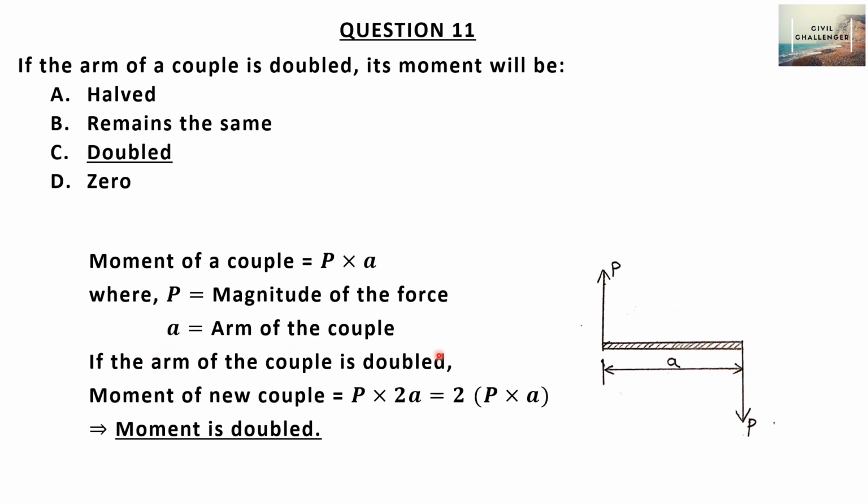When the arm of the couple is doubled, the moment of the new couple will be equal to P into 2A, which is equal to 2 into P into A, which means that the moment is doubled. Therefore the correct answer is option C. If the arm of a couple is doubled, its moment will be doubled.